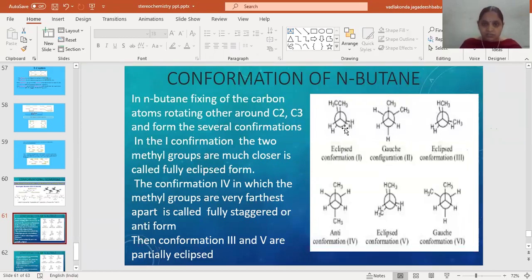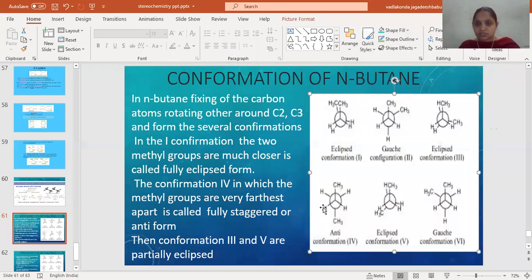And if the sixth is rotated again, we will get the initial structure, that is our eclipsed form. So remember one thing, in the eclipsed form similar groups are present on the different carbons with a 0 degree angle, whereas in the gauche form the similar groups are separated by a 60-degree angle. And in the anti form or staggered form, the similar groups are separated by 180 degrees.